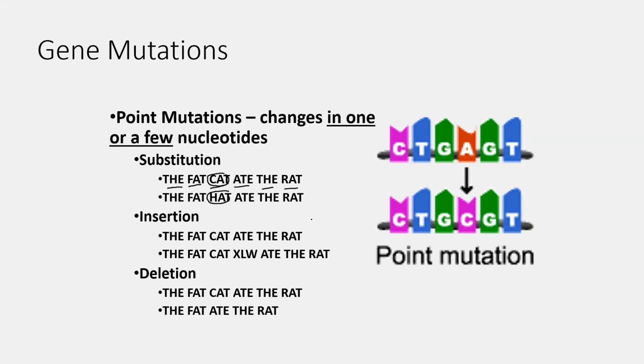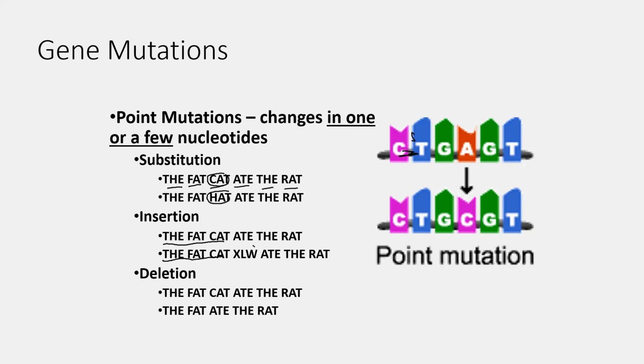Now, if we take that same logic and we do an insertion mutation, remember, we started with the fat cat ate the rat again. In an insertion mutation, remember, you're adding now a codon that doesn't belong there. So if you notice here, the fat and the cat, for both of these sentences is perfectly fine. All is well, right?